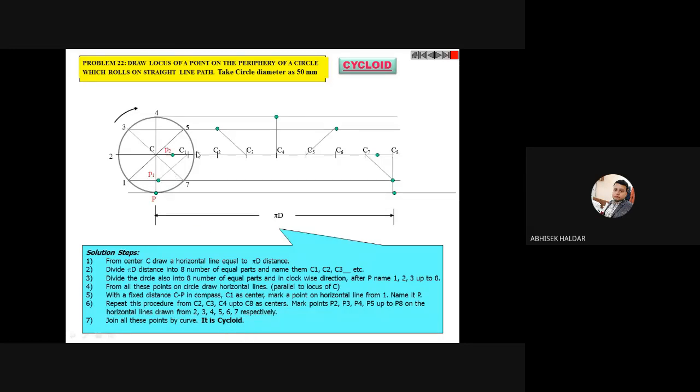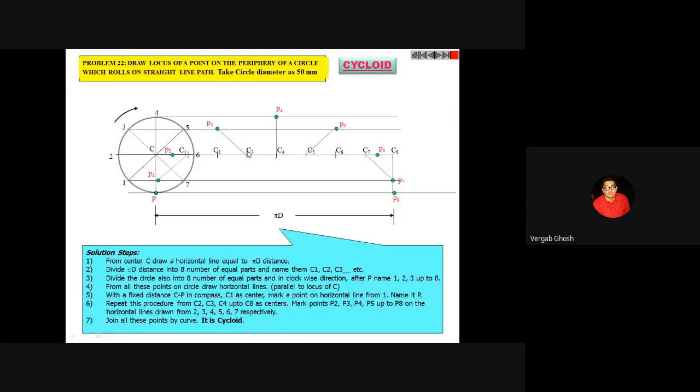These locus points, you can name like this: P1, P2, P3, P4, P5, P6, P7, P8. Sir, I had one doubt. Are C3P3, C4P4 all equal in length? Don't mix up C3 or P3. C3 is the center point, P3 is the cut point.